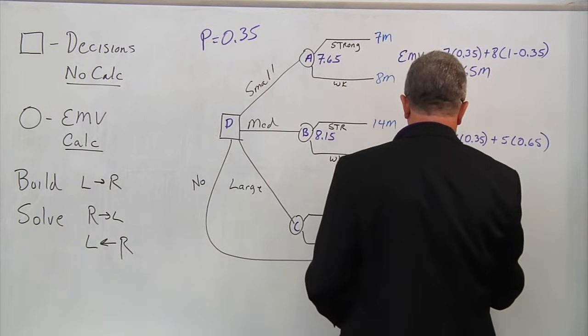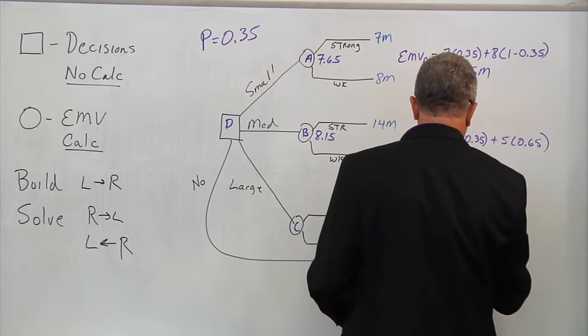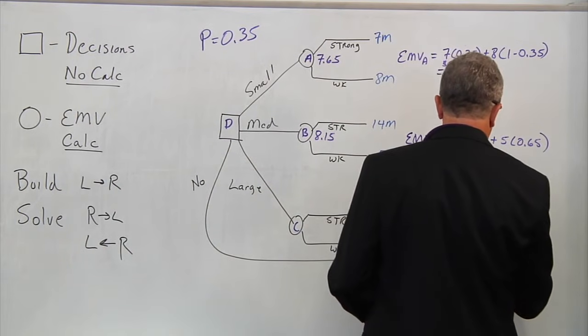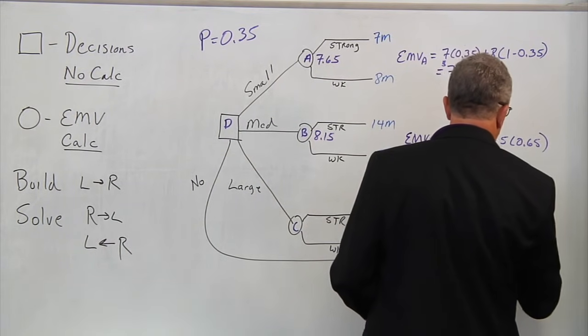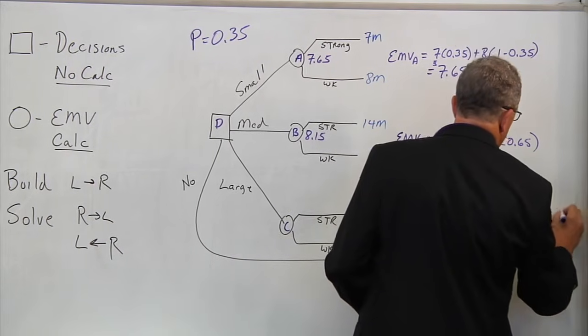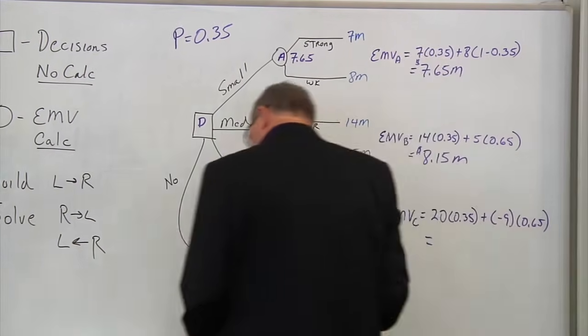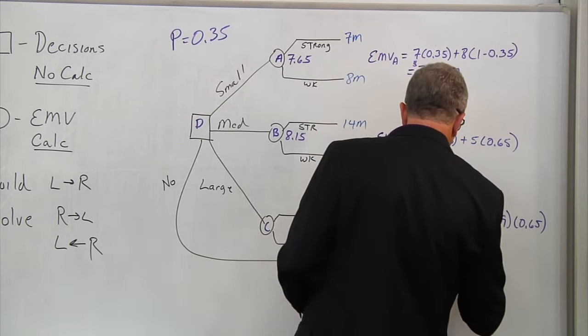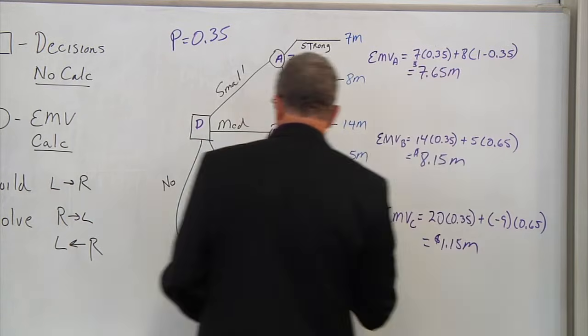Expected monetary value here at C is going to be 20 million times that 35% probability, plus I could lose 9 million, and I have a 65% chance of losing 9 million. When I do the math for that, I end up with an expected value of $1.15 million at C.